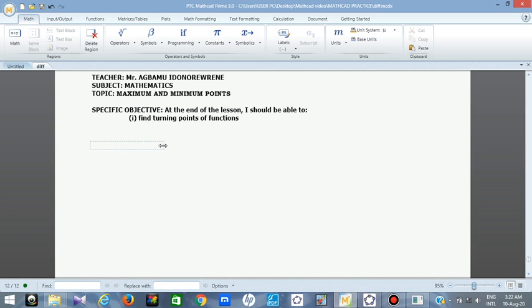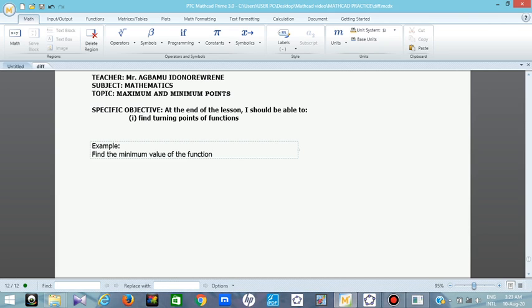So example now. You may be asked to, this is just a simple one I have here, find the minimum value of the function.